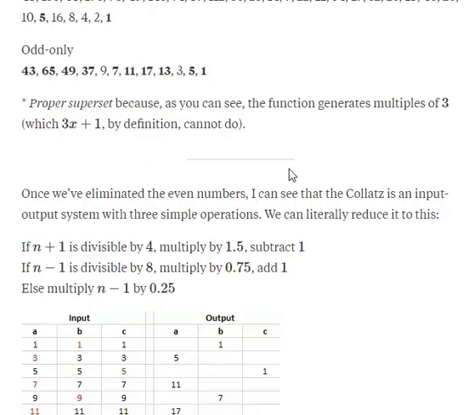Another way of saying that, and a much more easily understood way, is: if n plus 1 is divisible by 4, multiply by 1.5, subtract 1. If n minus 1 is divisible by 8, multiply by 0.75, add 1. And in all other cases, multiply n minus 1 by 0.25.